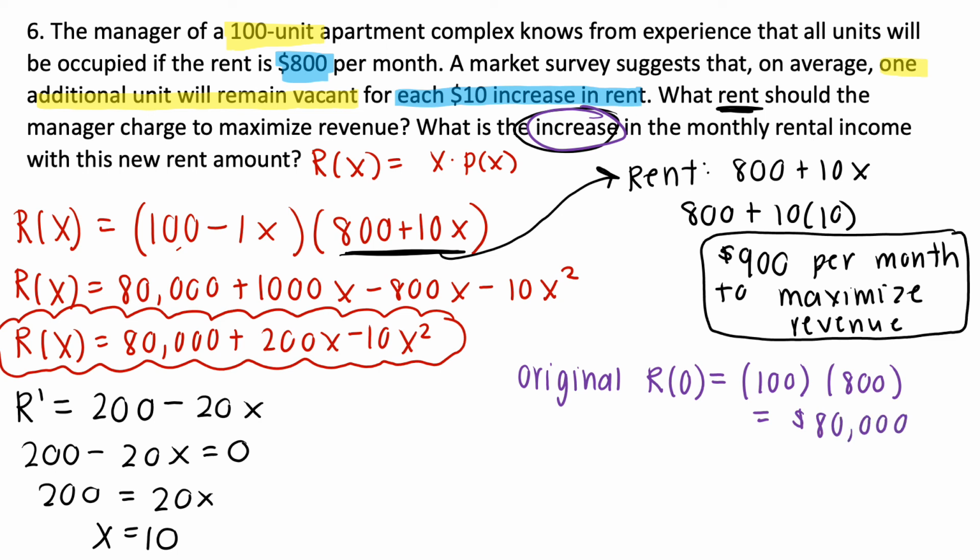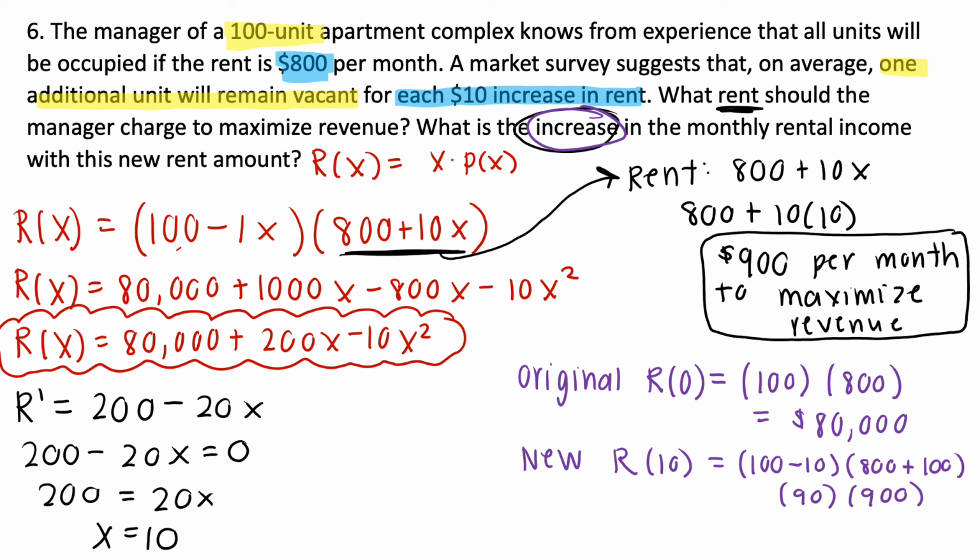Our new income, if we make this change, would be R of 10, would be if we had that 100 minus 10 times our 800 plus 10 times 10, so 100 would be 90 times 900. So we're only selling 90 units, but we're selling them at $900 per month.